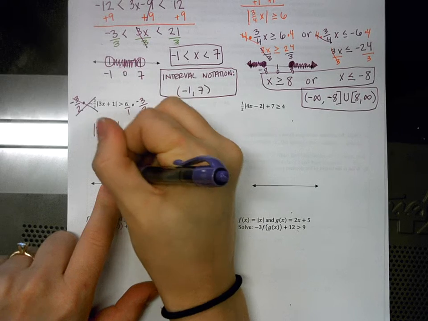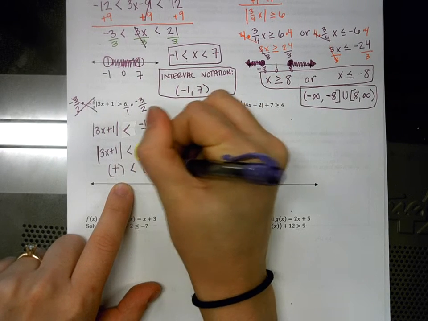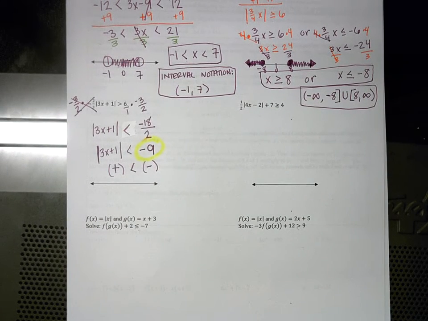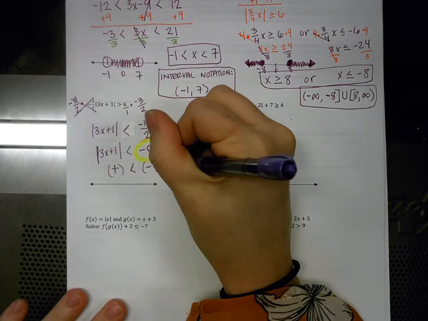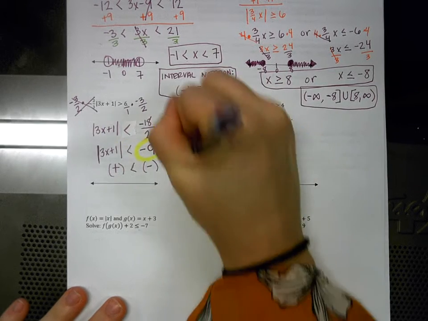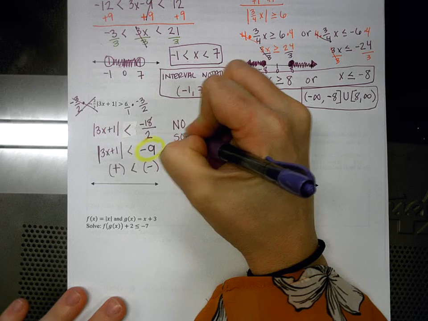A positive number. When is a positive less than a negative number? Never. Positive numbers are never less than negative numbers. So that's a false statement. Or you can write never. So my answer here is going to be no solution. Very good.